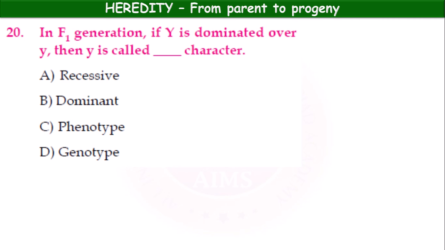Option A. In F1 generation, if capital Y is dominated over small y, then Y is called dash character: recessive, dominant, phenotype, genotype. It is a recessive because tallness is dominated, capital Y is dominating. So, it is recessive.